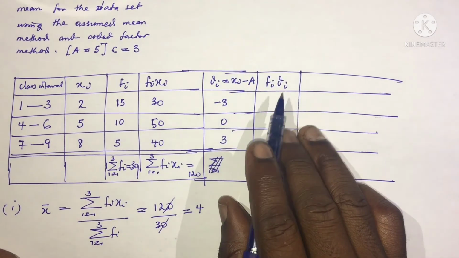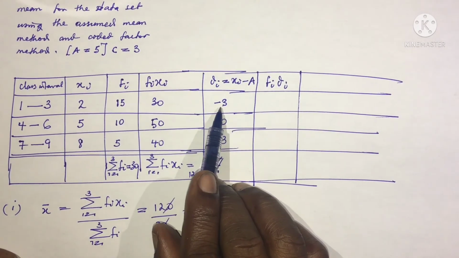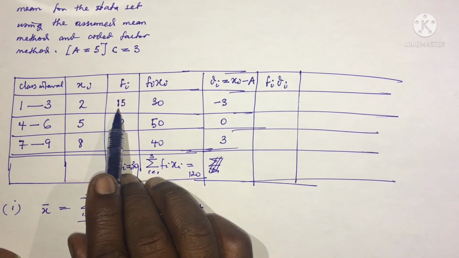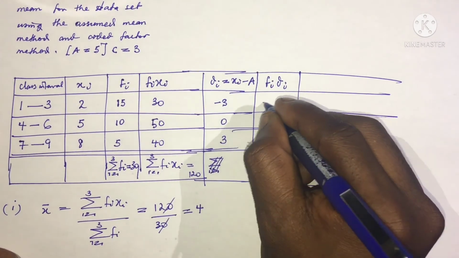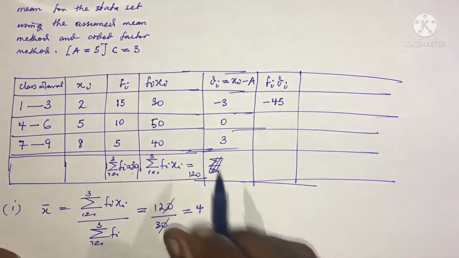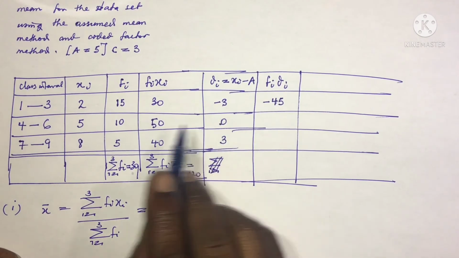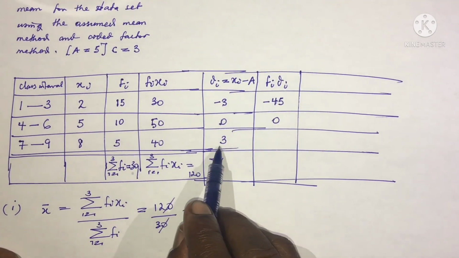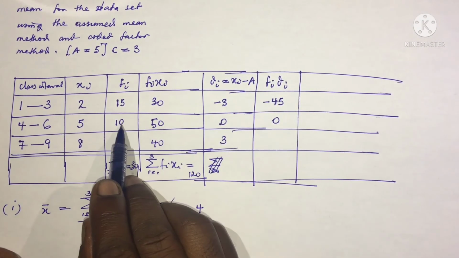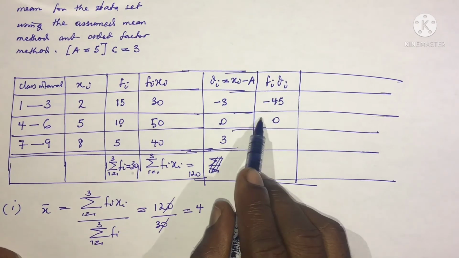Under this column, I'll be using each of my di's to multiply my corresponding frequency. So 15 times minus 3 will give us minus 45. 0, the di here, times 10, the frequency here, will give us 0.